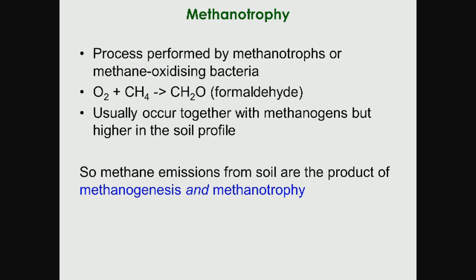We also have to consider methanotrophic reactions, which will consume methane and therefore reduce the accumulation of methane. And we then therefore need to consider the net production of methane in these soils through the balance of activities of both the methanogens and the methanotrophs.